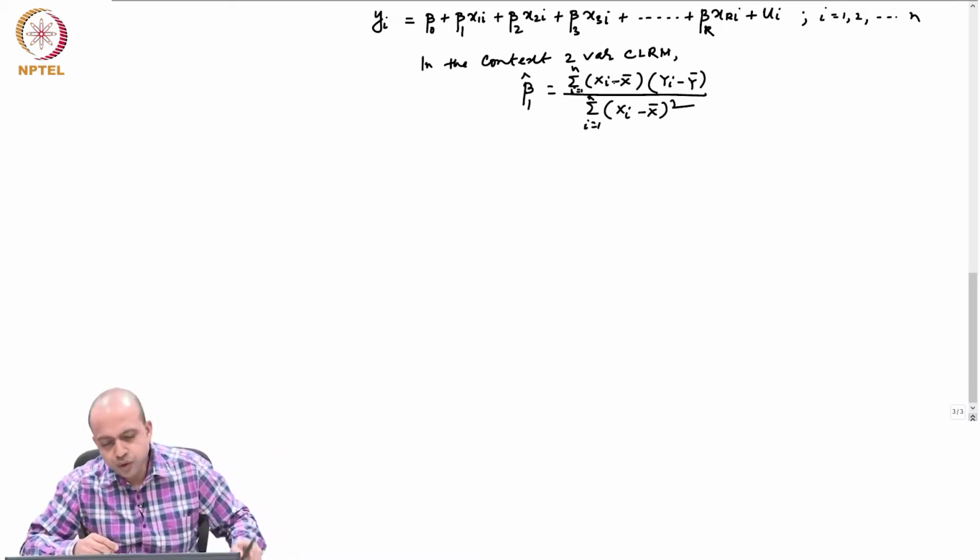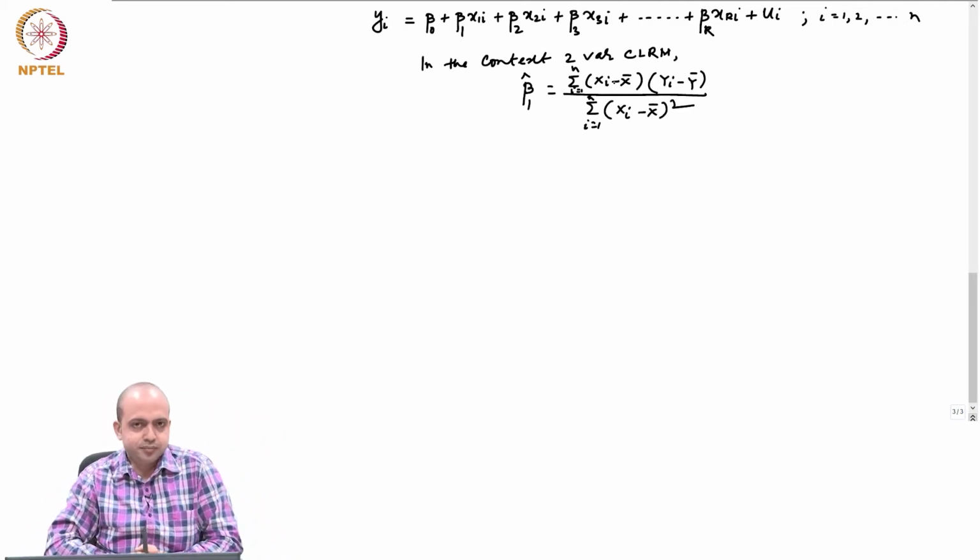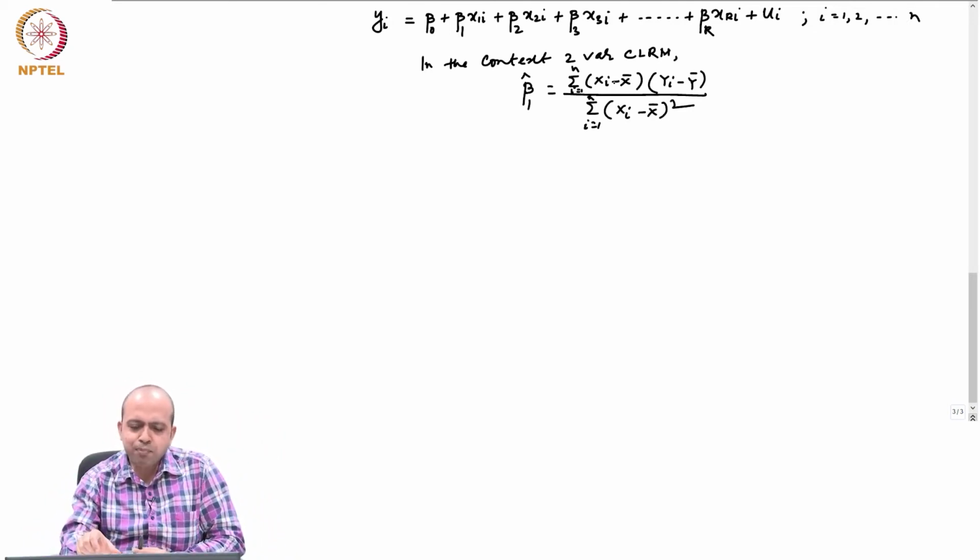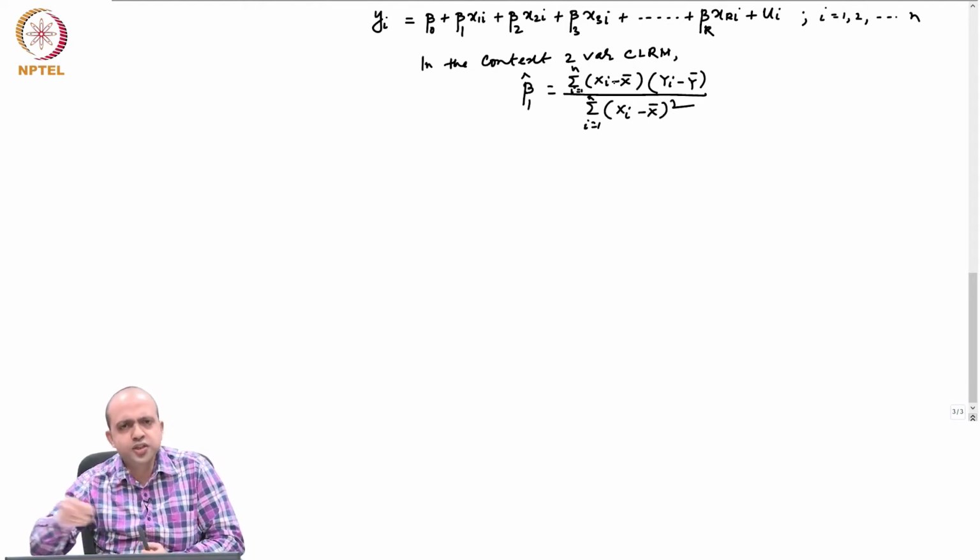Now, if we want to estimate so many beta hats, then what we need to do? We need to apply this formula for all these k number of variables, which is a very time consuming process. You can understand if we have 10 or 15 explanatory variables and you need to compute beta 1 hat, beta 2 hat, beta 3 hat, then you have to apply this formula so many times to calculate these beta hats.